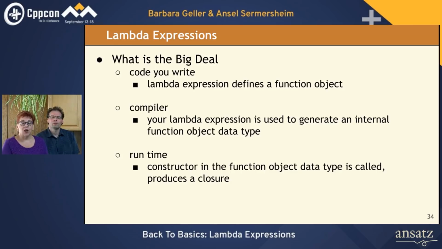And it is, because you're actually writing that function call operator. You're not writing the class, but the insides. So our suggestion is, think of this as, yes, you are just writing that single function call operator, and you're going to let the compiler write everything around it, the class, and instantiate it.